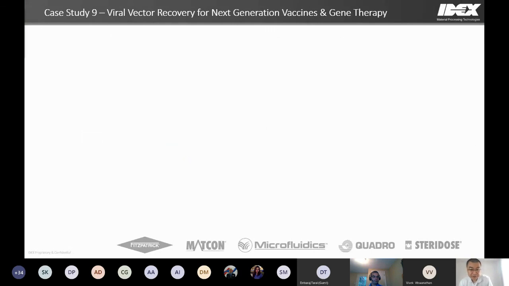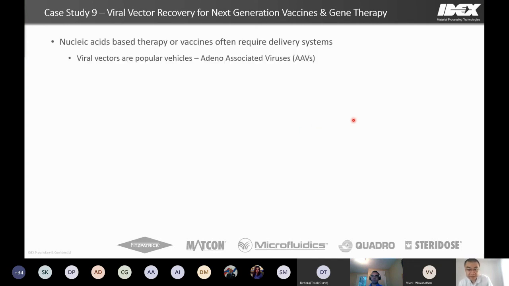Now I move to my final example, which is harvesting viral vectors for delivering therapeutic genes and next generation vaccines, or nucleic acid-based vaccines. Since nucleic acid normally cannot withstand physiological conditions, a delivery system or delivery vehicle is often required. Two types of delivery system are commonly used: either viral vectors or non-viral vector-based particles, which usually are lipid-based nanoparticles.